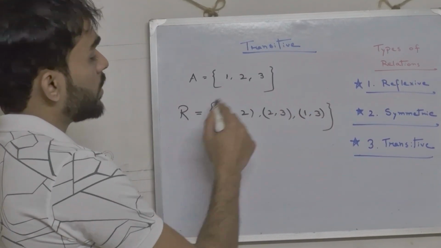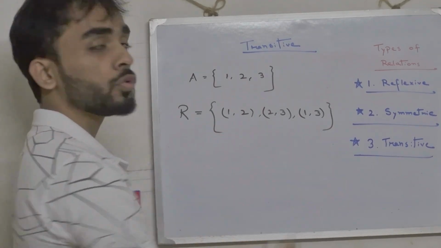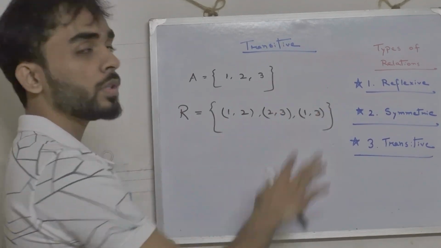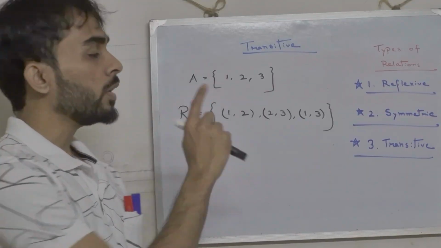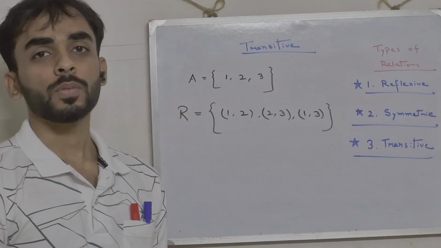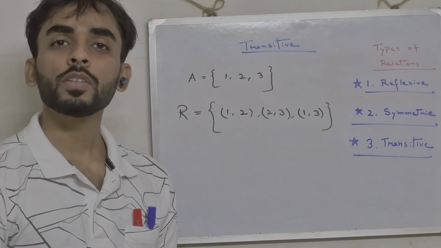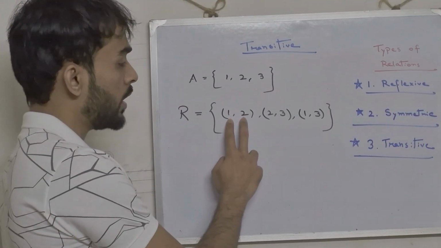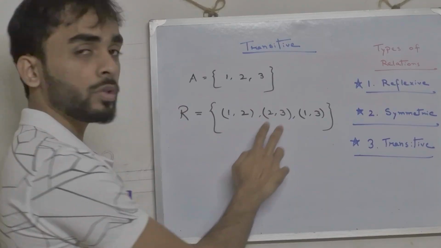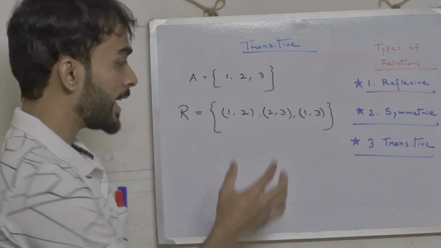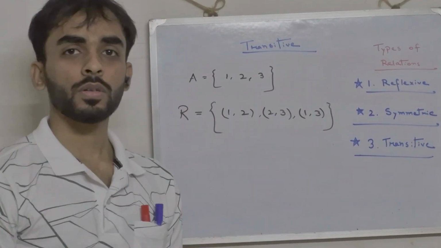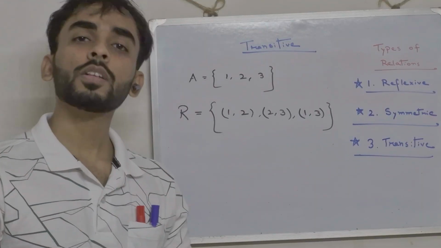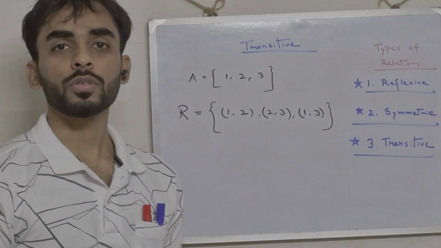Now, in this relation, I have written 3 elements, 1, 2, 2, 3 and 1, 3, and I am calling this a transitive relation. Why is it a transitive relation? Look very carefully. 1, 2 is here, again 2, 3 is here. That's why 1, 3 is also here. This is the condition for a transitive relation.